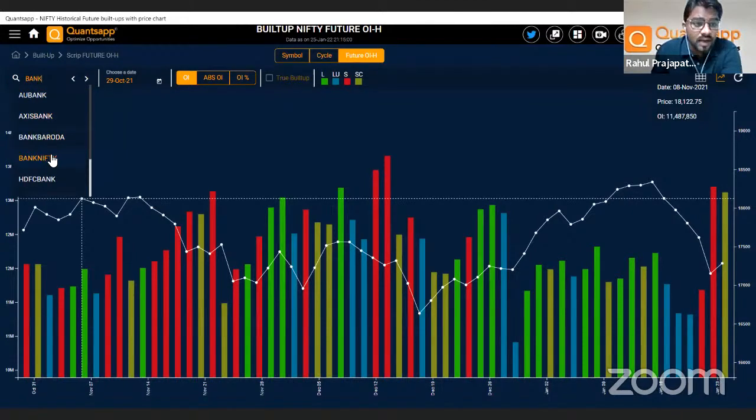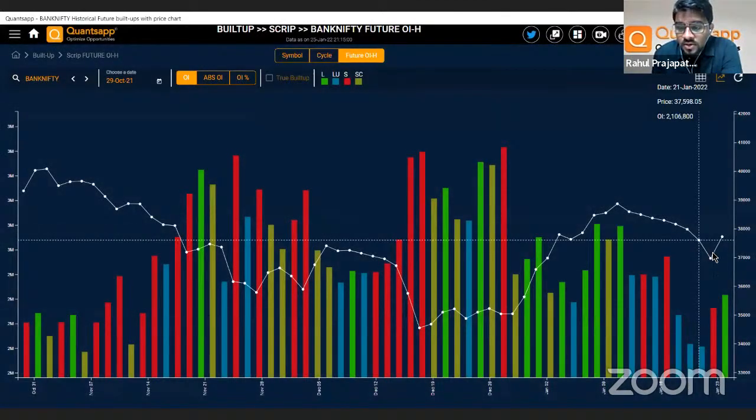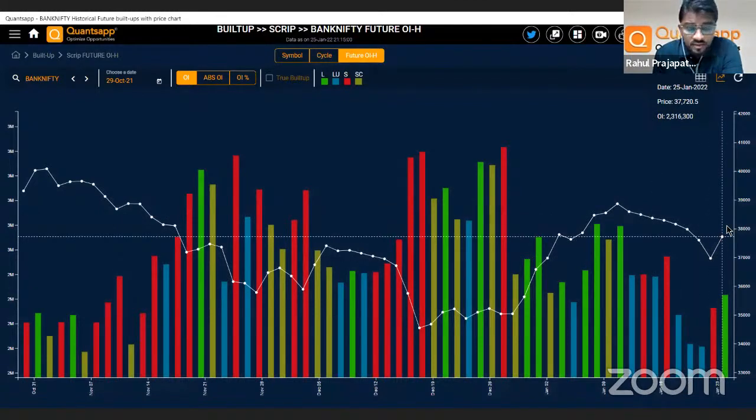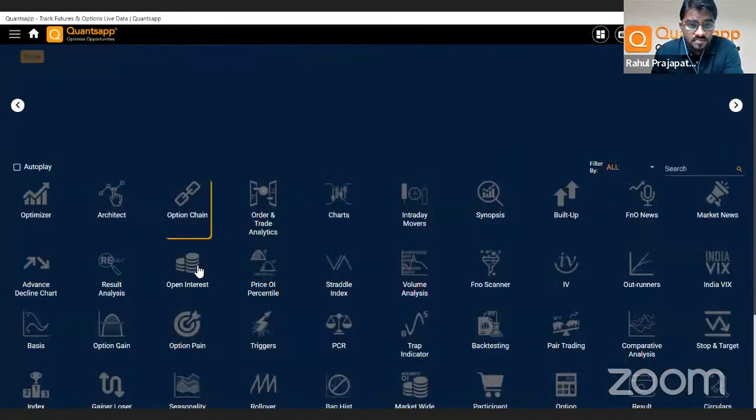Now if we see Bank Nifty, there's an increase in the OI, which shows a long build up, but the overall structure shows that the trend is not likely to survive on the upside. So let's see how Bank Nifty behaves, and we'll check the levels and how to trade them.